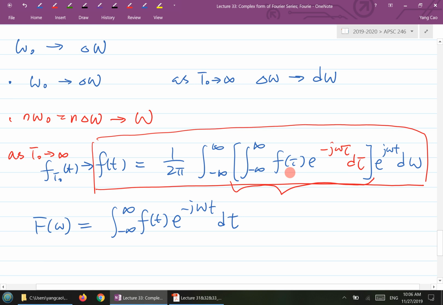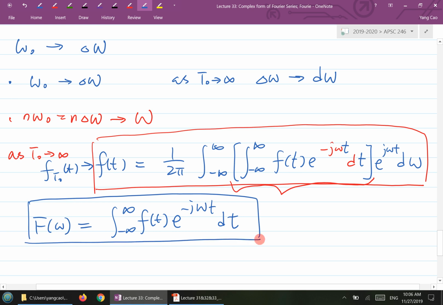I should use the t here. So what we have here is the so-called Fourier transform.